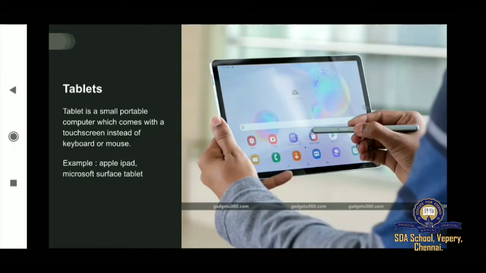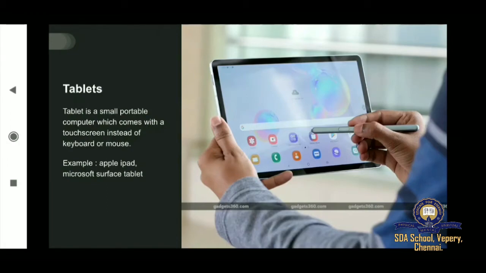A tablet is a small portable computer which comes with a touch screen instead of a keyboard or a mouse. The tablet does not have a keyboard or a mouse. It just has a screen. So touchscreen technology is introduced in tablets.